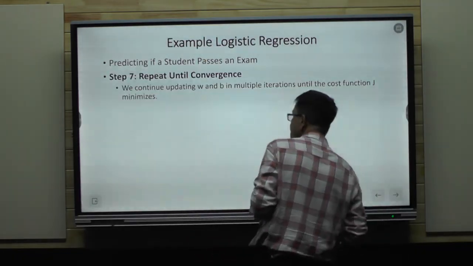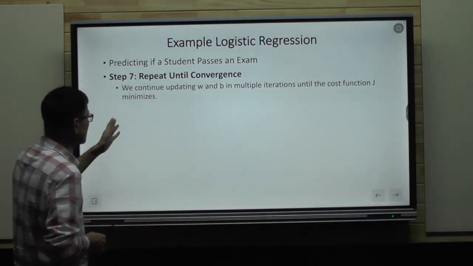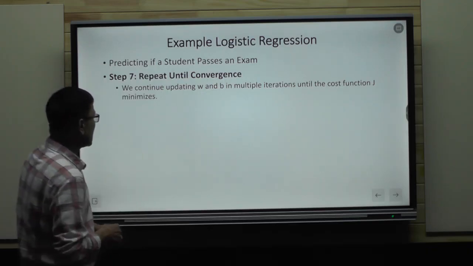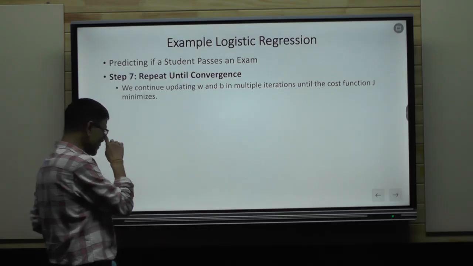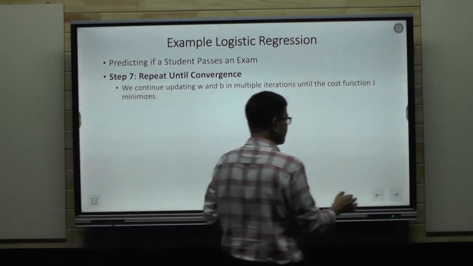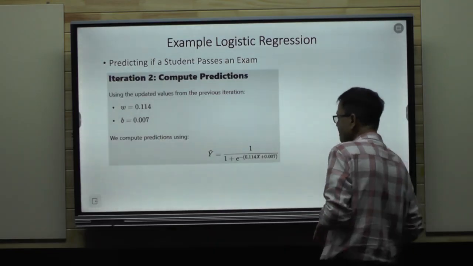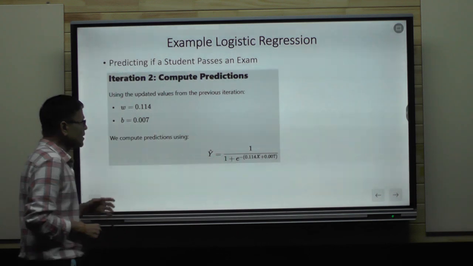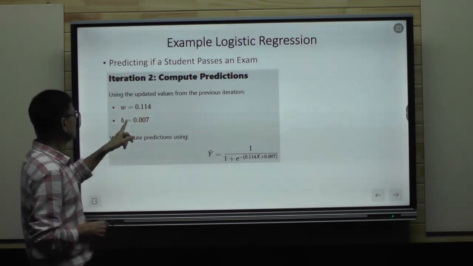Now what we'll do? We are at step 7. We have to iterate this many times, until the algorithm converges. Now let me give you a recap. Okay, on iteration 2. For the first iteration we have calculated these values.